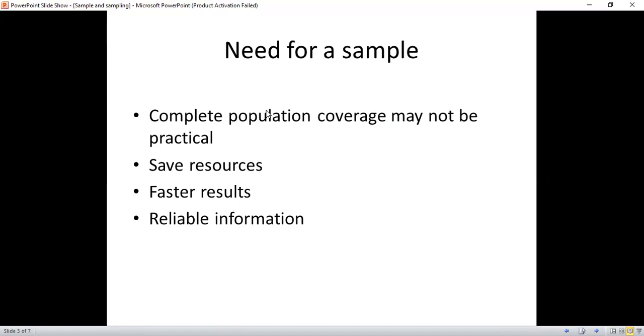Because again, let's go back to the same example of college students, right? If I start measuring college students from now onwards, covering the whole world's college-going student population will take me years. Within those years, there will be new college students coming up, and the old college students will be passing out. They will be no longer college students, right?